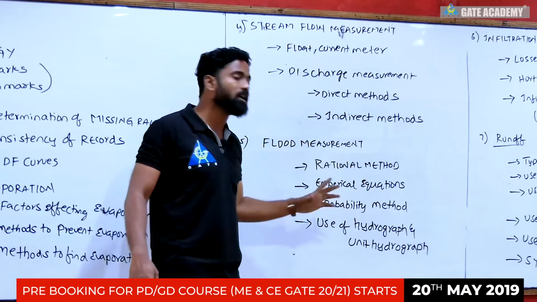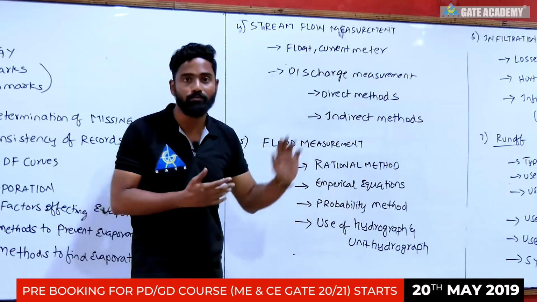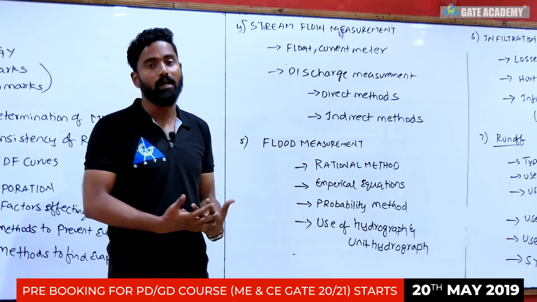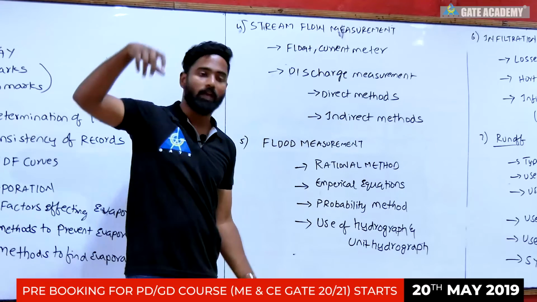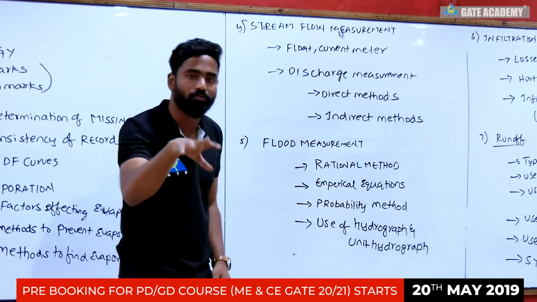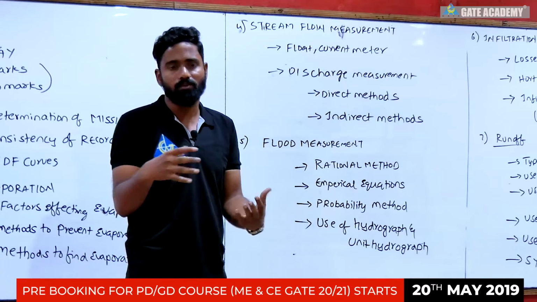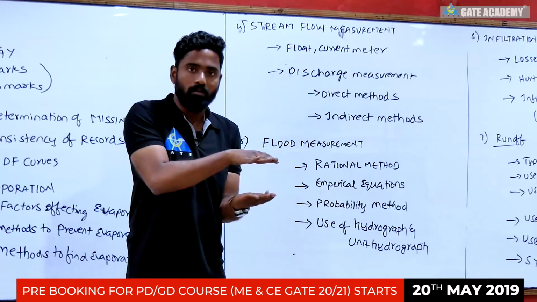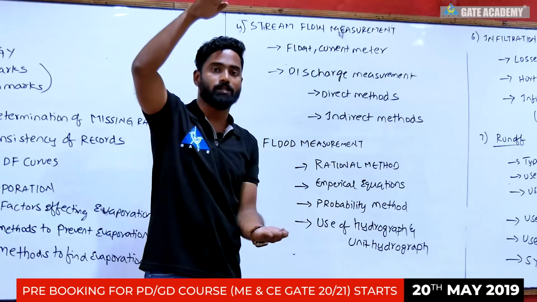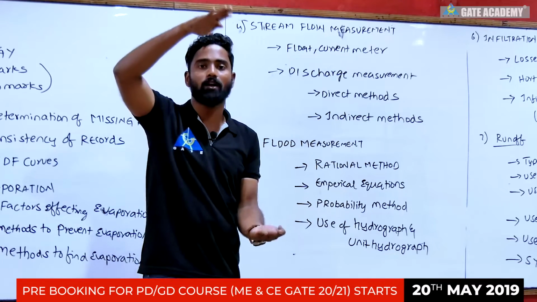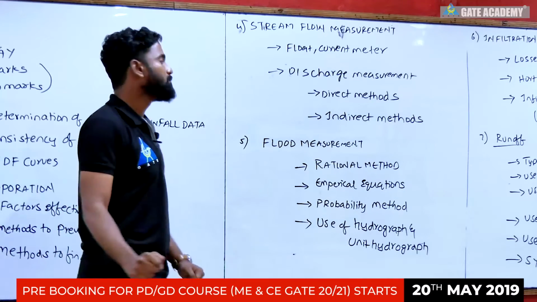Now coming to flood measurement, I have discussed stream flow measurement. Flood is a characteristic situation where discharge is very high, either in the river or on the field, wherever. Flood is a situation where this is the normal water level and there is a sudden rise in the water level. How much this rise, or how much this discharge, calculation of this discharge is flood measurement.